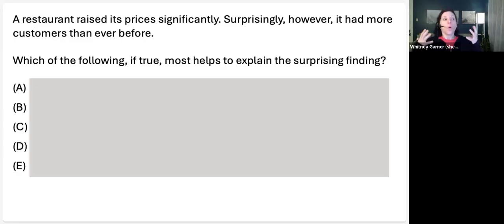Okay, yeah. So what does it normally mean when we raise prices? When we raise prices, it normally means that as price increases, demand decreases. Now, here's the thing about explain a discrepancy questions. One of 2 things is always going to be true. The discrepancy, the weird paradox, is either going to depend on a relationship that the test expects you to know.